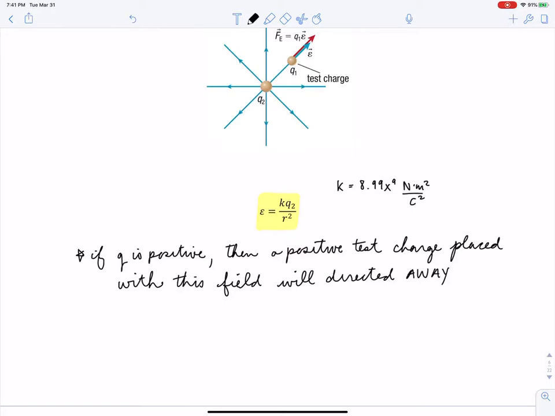So if we have a positive charge and a positive test charge, then they will repel. The field will push them away.